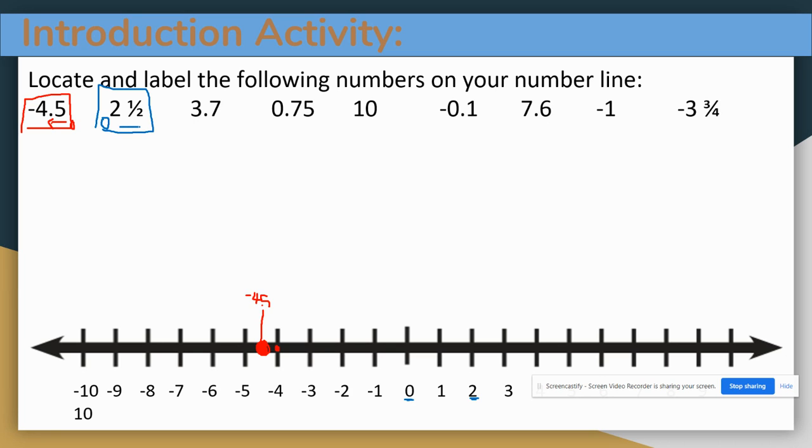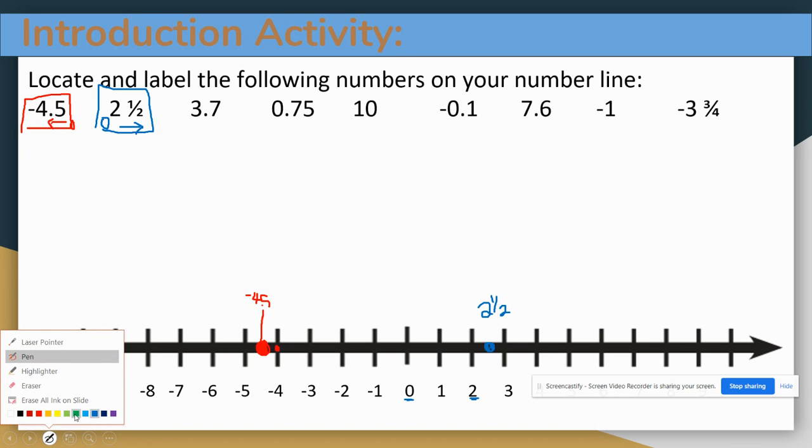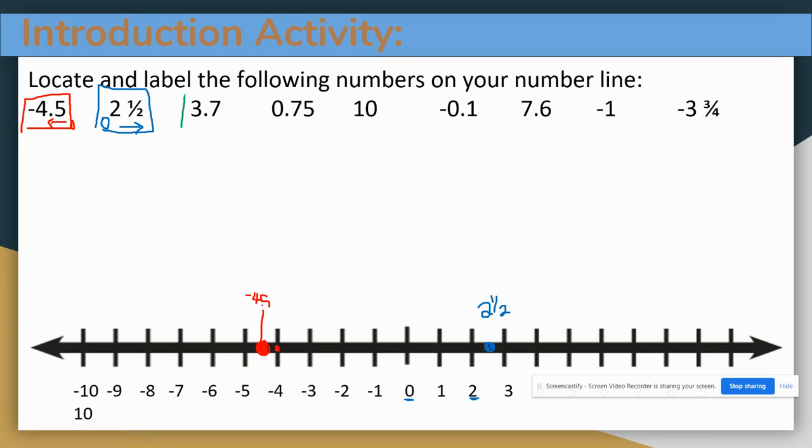So to get further away from that, I'm going to have to go to the right. And just like before, I know 2.5 is going to fall right in between the numbers 2 and 3, since I have to get further from 0. So I'm going to put a point here and label that one 2.5. Let me pause the video while you figure out where 3.7 would fall.